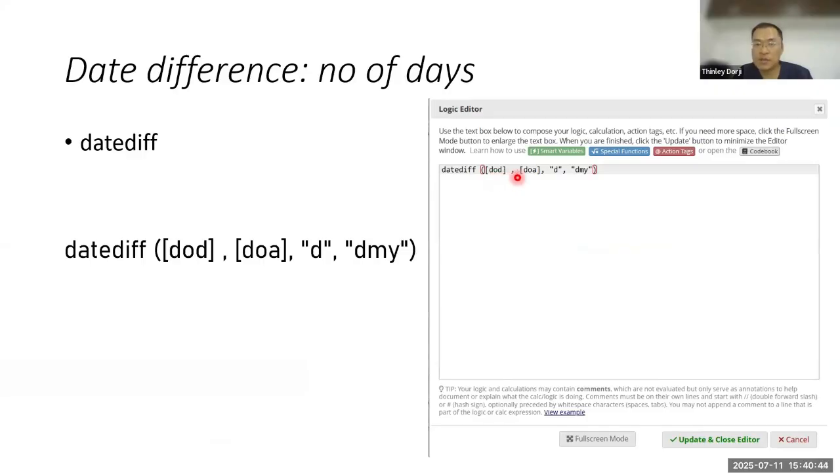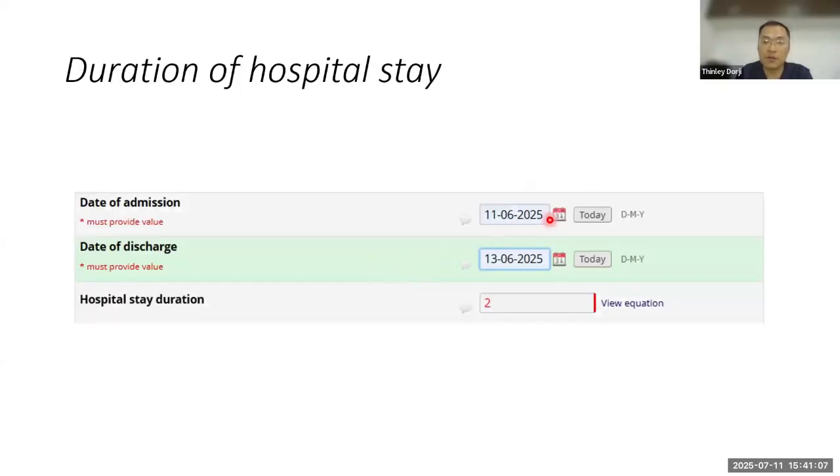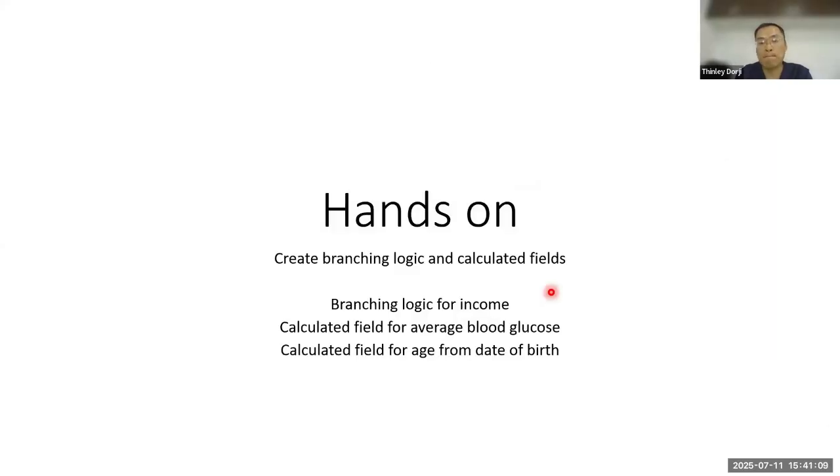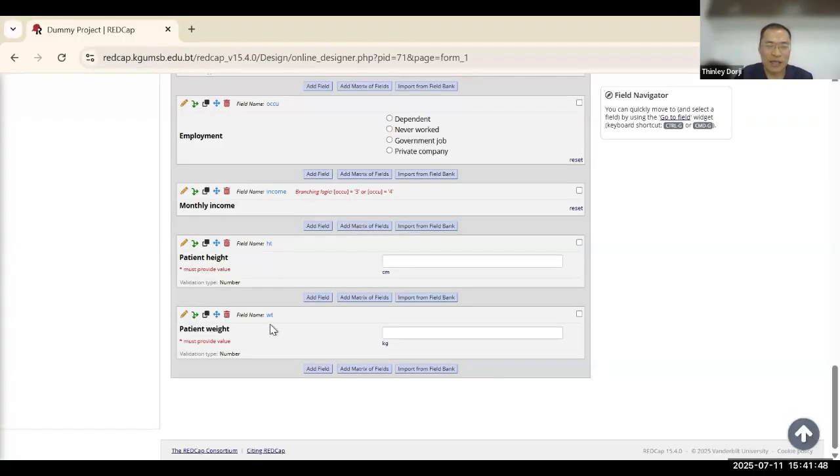The difference between date of discharge and date of admission is calculated based on the dates you have entered as day, month, and year, and it calculates in terms of number of days. So it has to be date difference, date of discharge and date of admission, calculated from the dates in DMY format. And it is going to be like this.